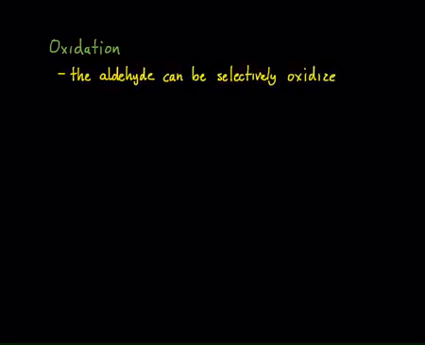The next reaction that we're going to take a look at is oxidation. We've already seen that the aldehyde can be selectively oxidized using bromine and water, right? This was one of the processes that we used in the Ruff degradation.